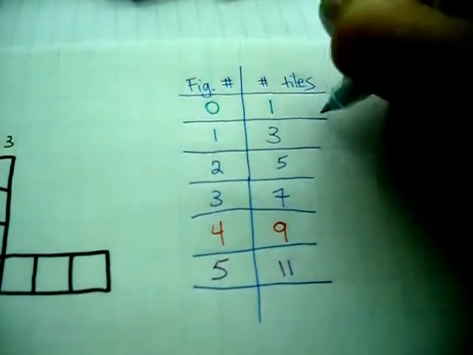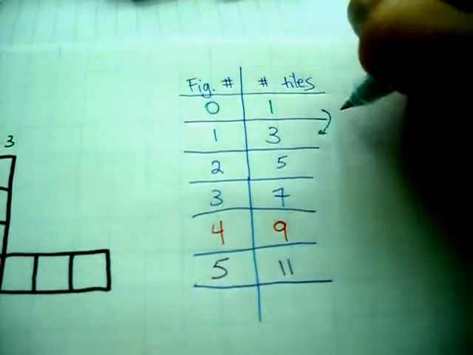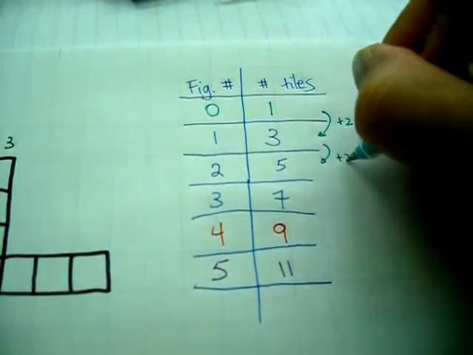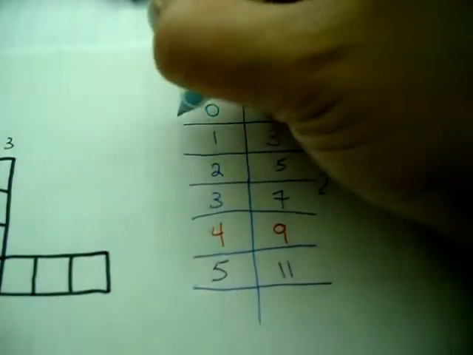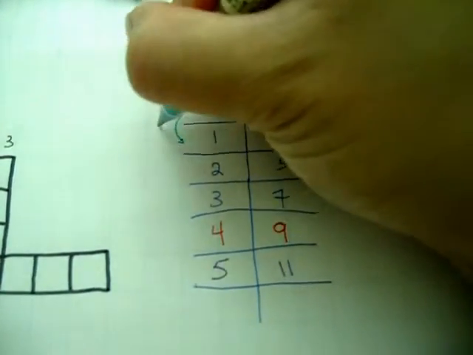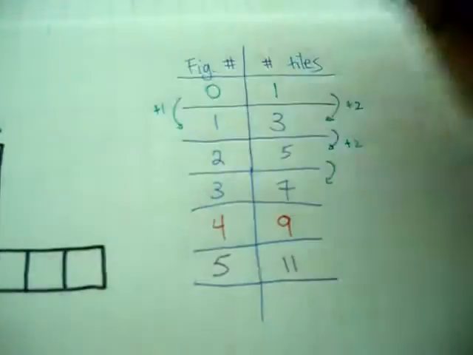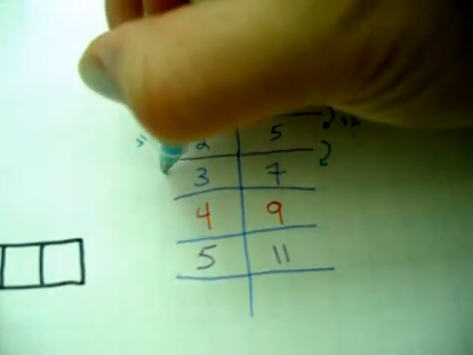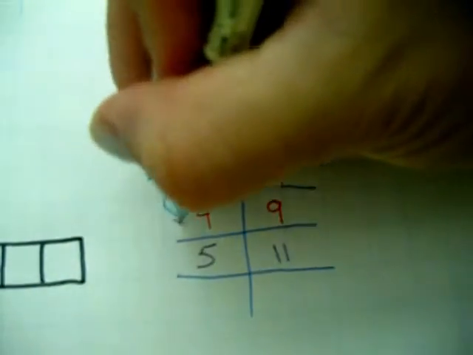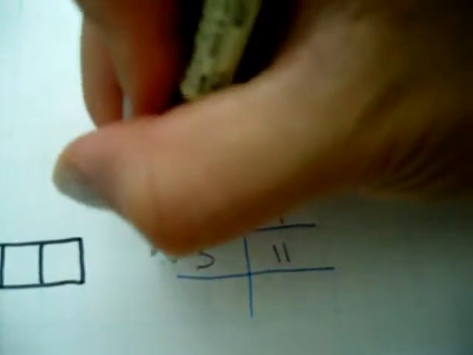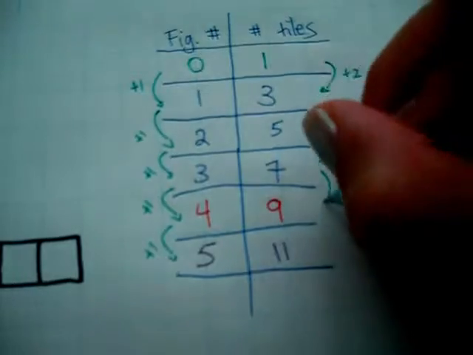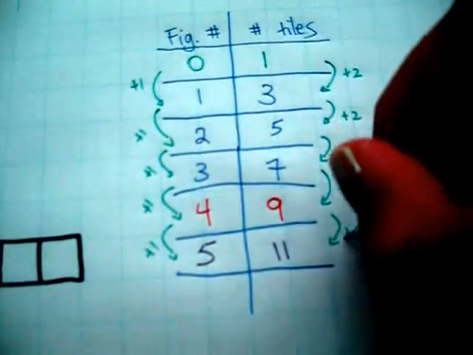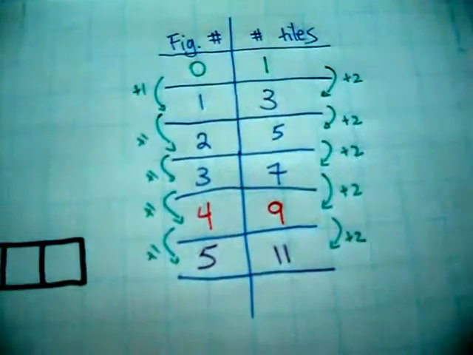Because a change in the number of tiles seems to mean you're adding 2 tiles each time, while the figure number goes up once each time. From 1 to 2, from 3 to 4, from 4 to 5, and so on. The number of tiles is increasing by 2 for every figure that we have.